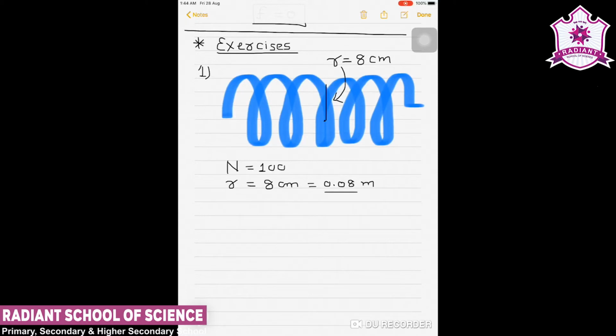Now another thing is given, that is a current. The electric current passing through this wire is considered as I. Suppose current is flowing in this direction, so I is the current flowing through the circuit.